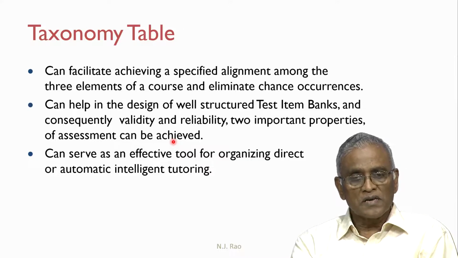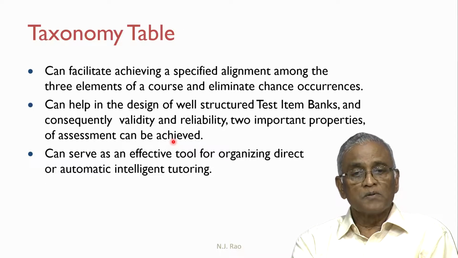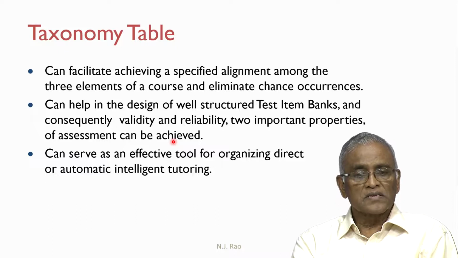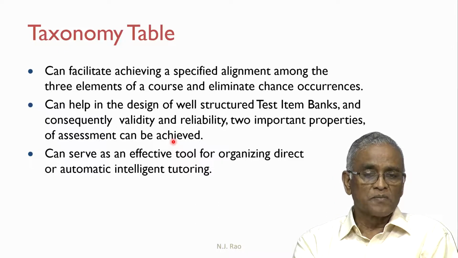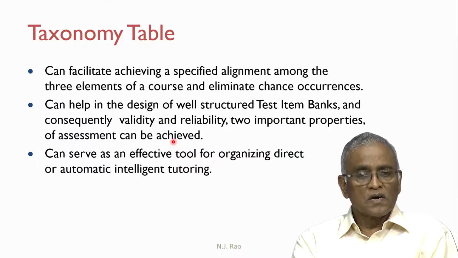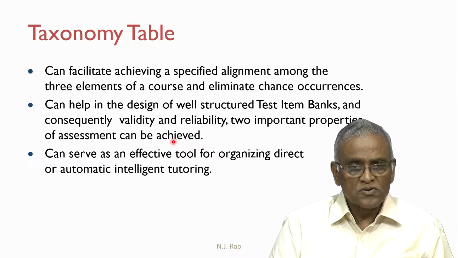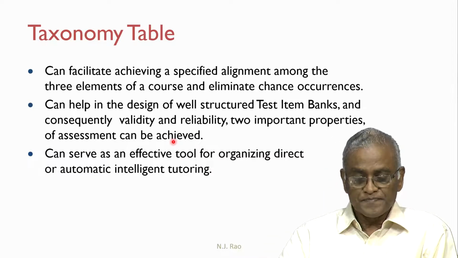So, we go cognitively one level lower, and you must be able to plan some activity at the next lower level for him to solve and for us to understand where exactly there is a deficiency in his understanding or ability. This we have used extensively in planning intelligent tutoring. So, the taxonomy table can serve all the 3 purposes.